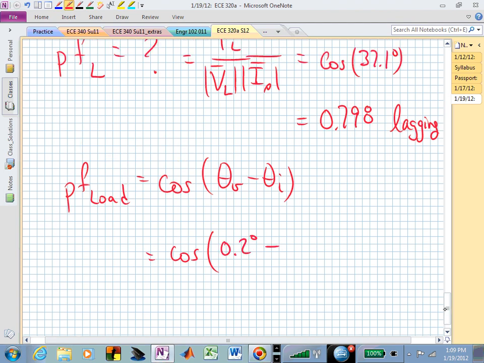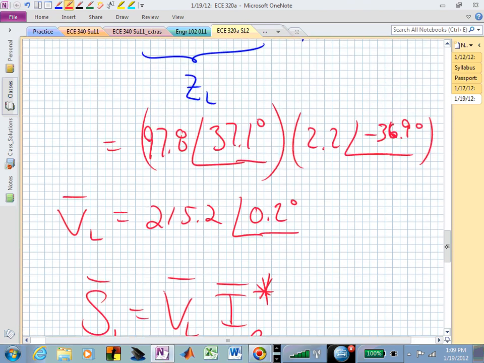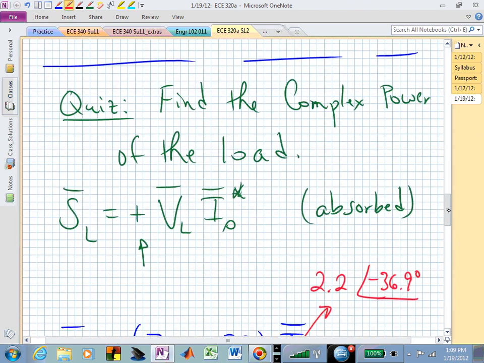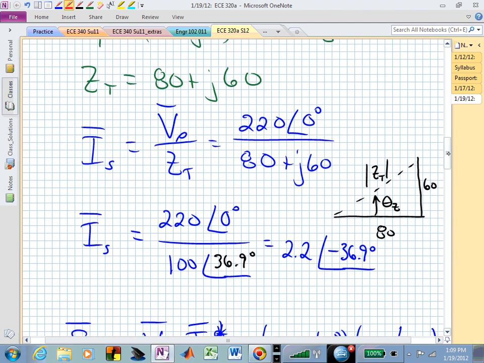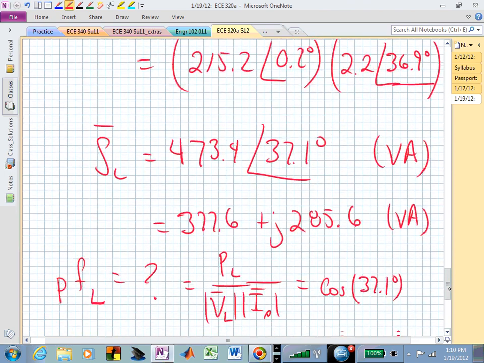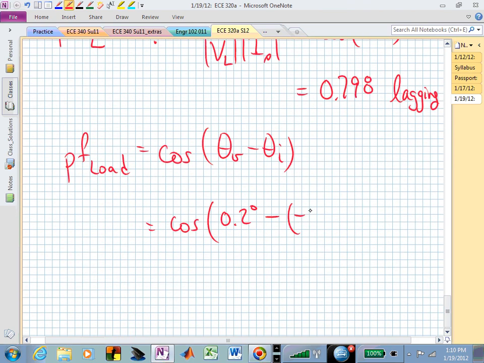And what's the current? If we go back and find it somewhere, there's my current. That current's the same through all of those elements. Its angle is minus 36.9. I subtract that down here, and I get back my cosine of 37.1 degrees.